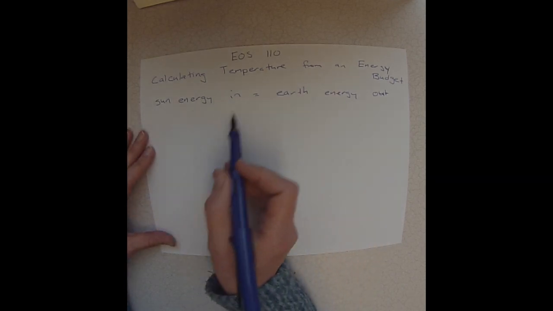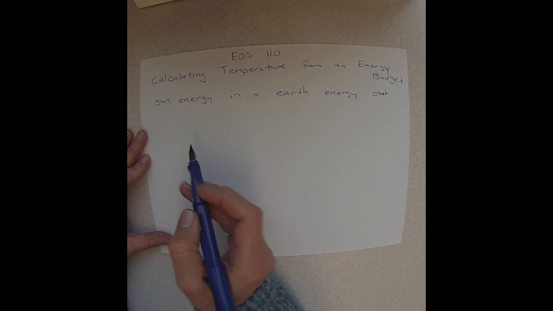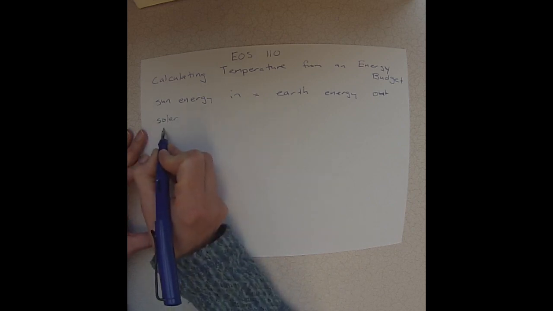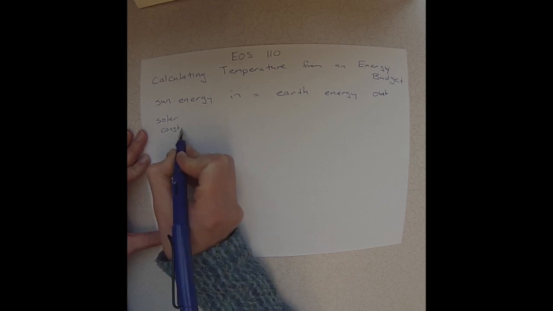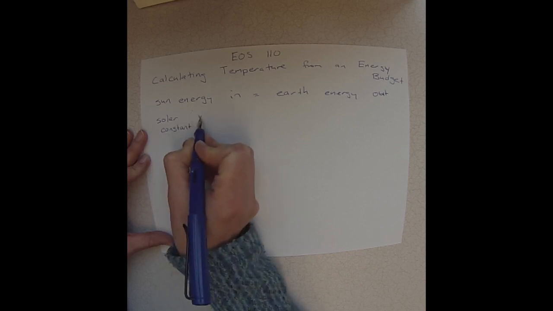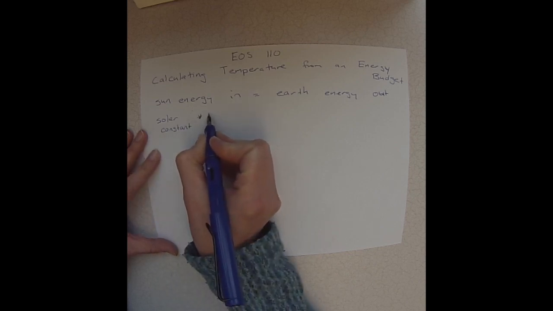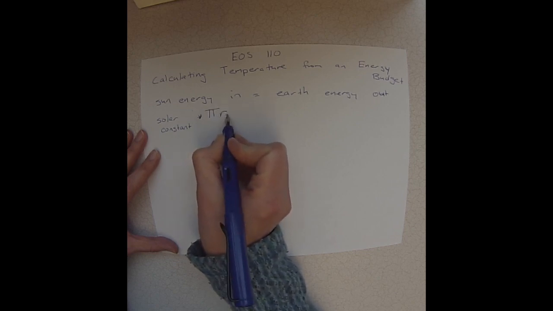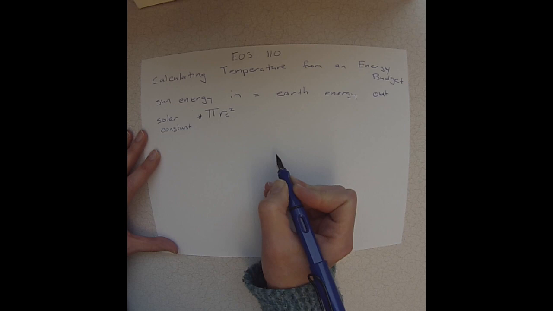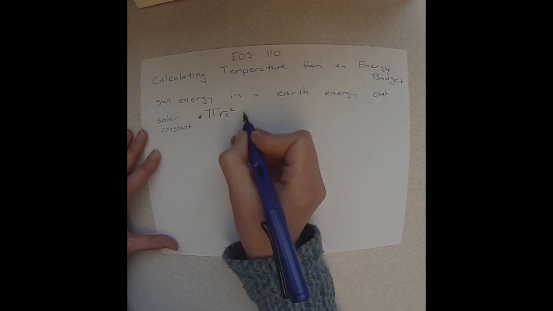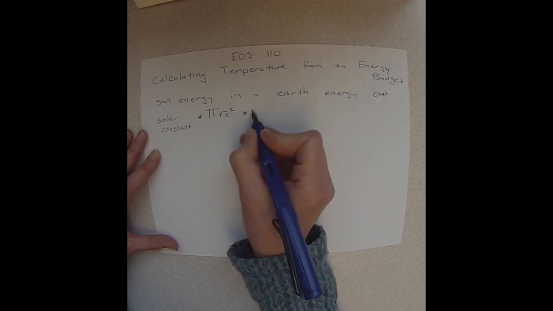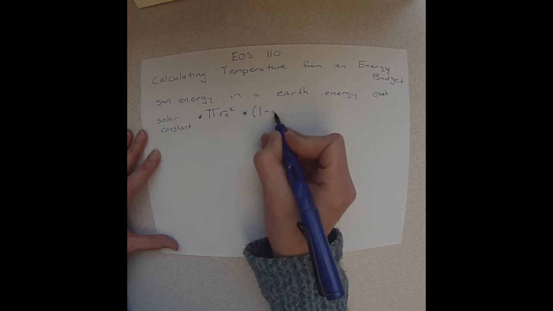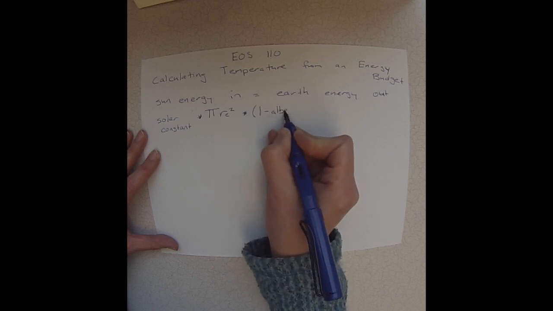Now in lecture, we talked about how to calculate the sun energy in, that it should be equal to the solar constant times the cross-sectional area of the Earth. So that's pi radius of the Earth squared. And we need to adjust that for the reflection of sunlight from the Earth by 1 minus the albedo.